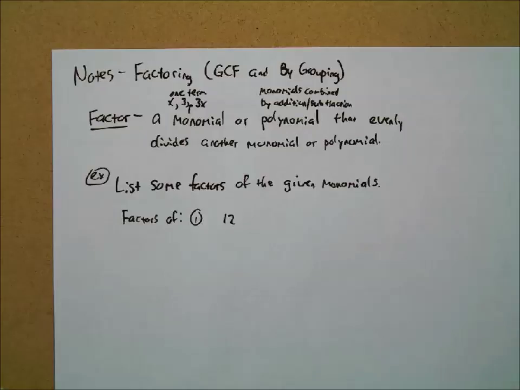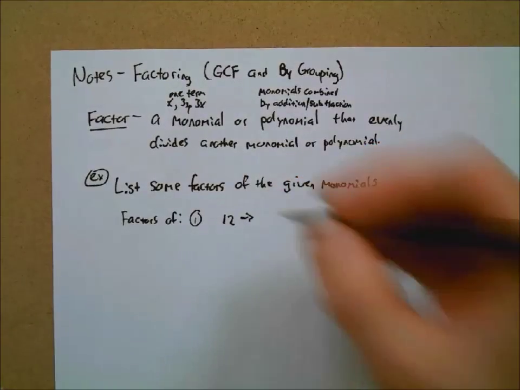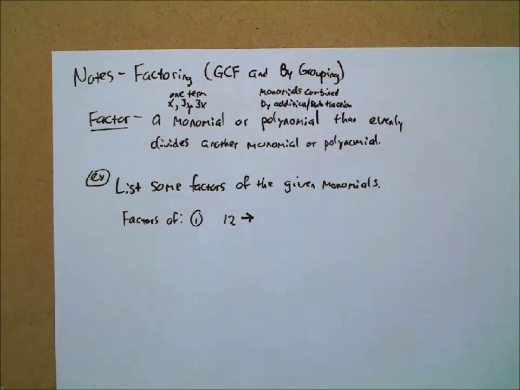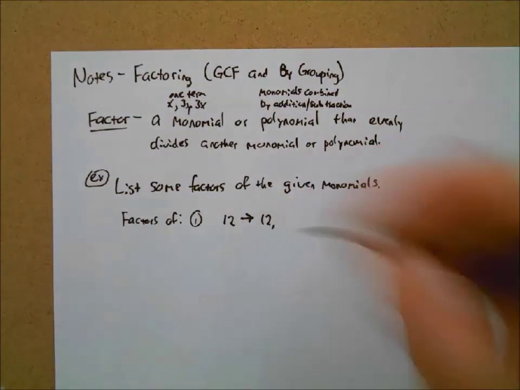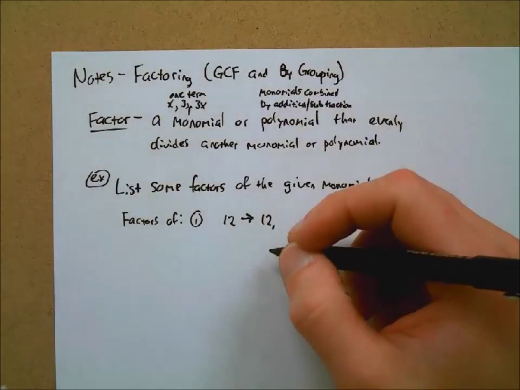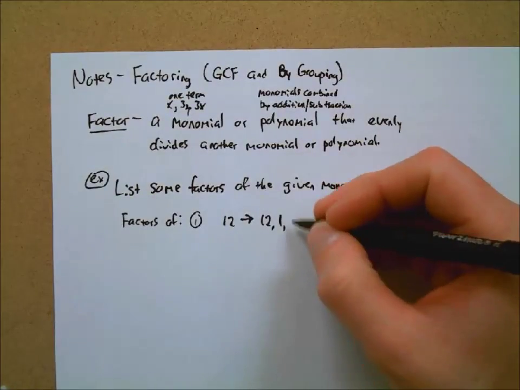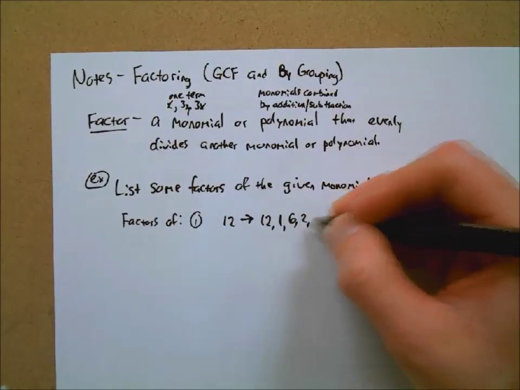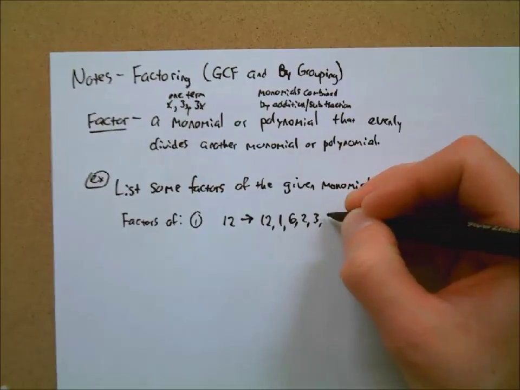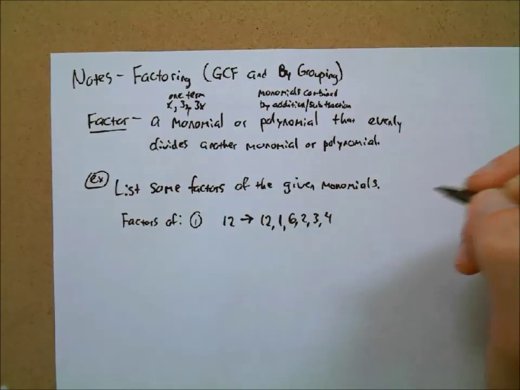What are some things that are factors of the number 12? Avery? 12. 12 is a factor of 12. What else? 1. What else? 6. What else? 2. 3. 4. What else? Trick question. There isn't one.